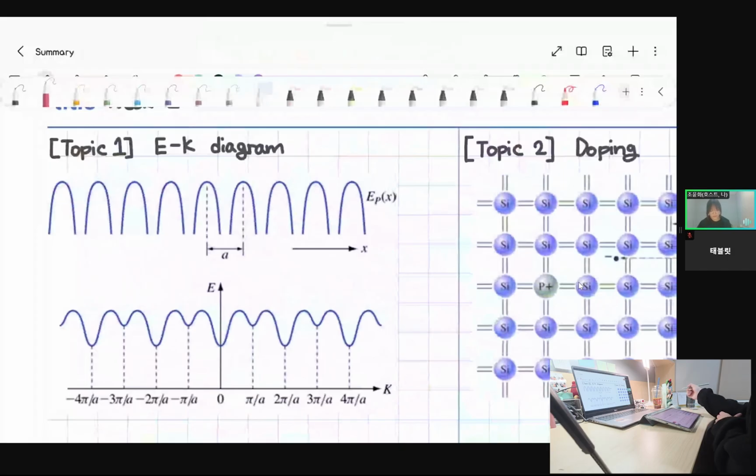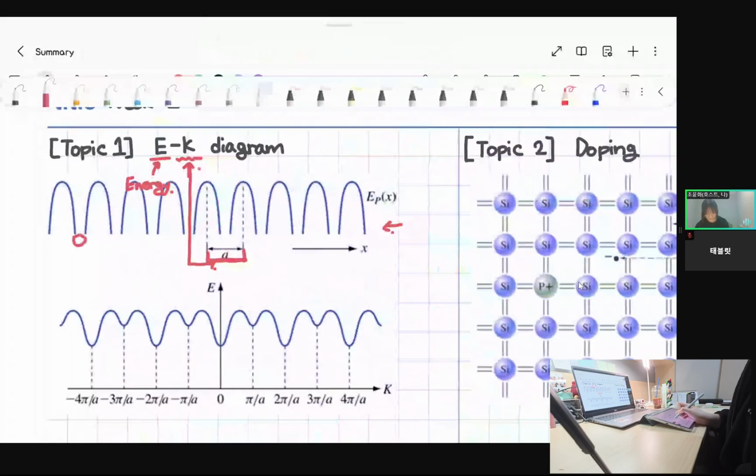Before discussing the EK diagram, we have to understand this K. As you know, the E means energy, but K is related to this A. In this case, you can just understand that positions have the atoms.